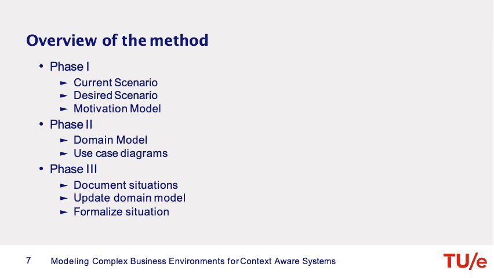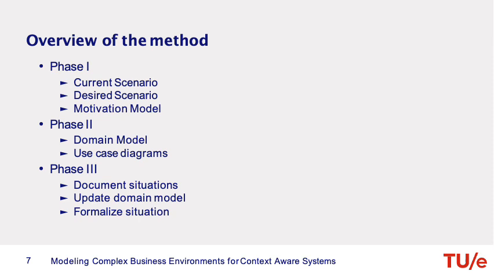In this slide, I summarize the proposed method and what we saw in the previous three slides. Phase 1 motivation modeling links the current desired scenarios and the motivation to provide context aware services. It has three activities.